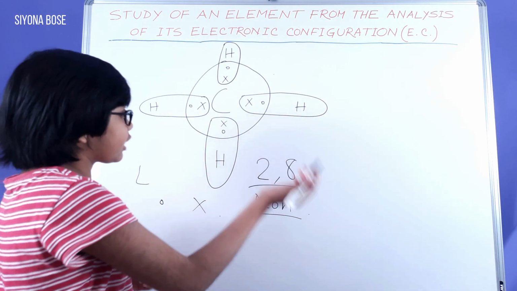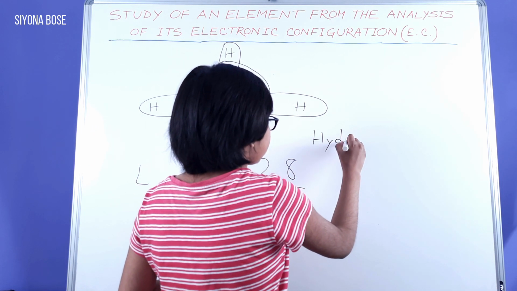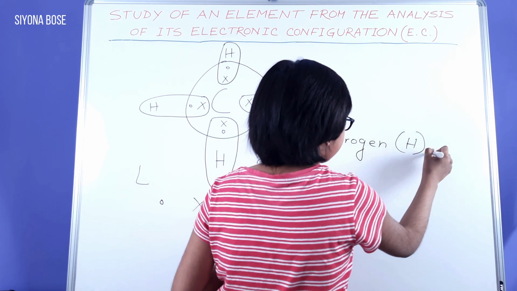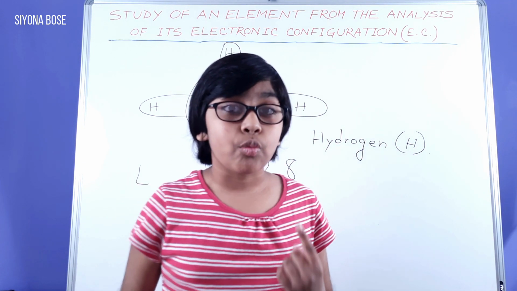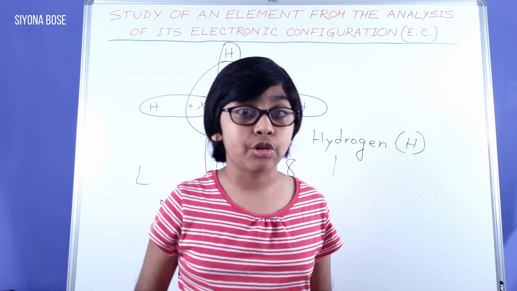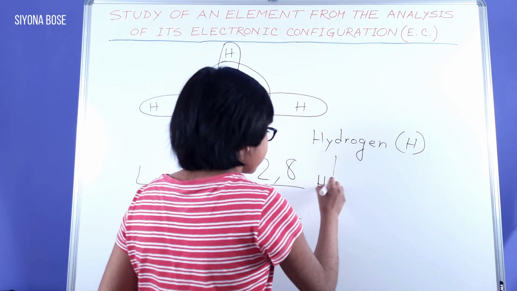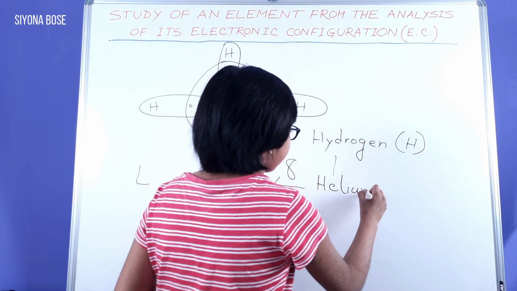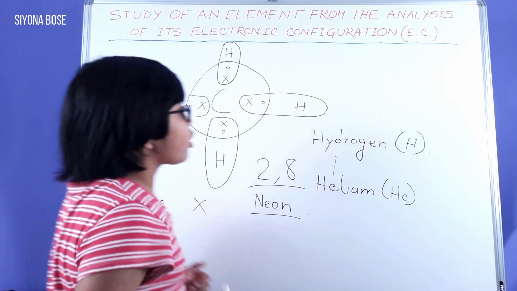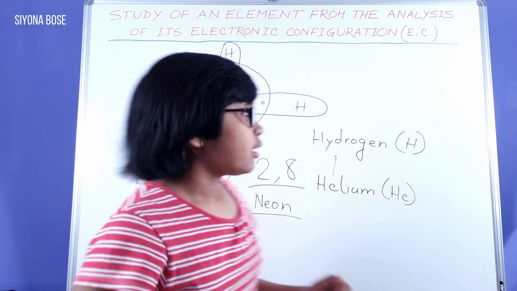And if we notice carefully, hydrogen, H, which has just one electron, always tries to attain the configuration of the nearest inert gas to it, that is helium, He. Here it is able to do so again by covalent bond formation.